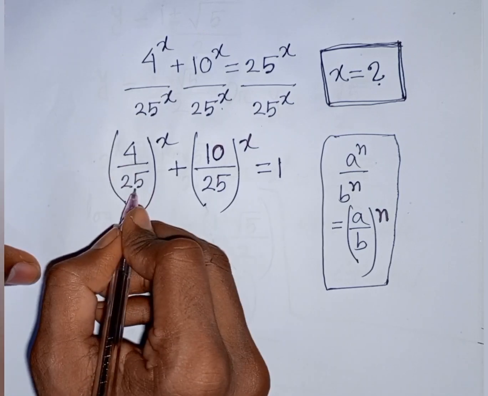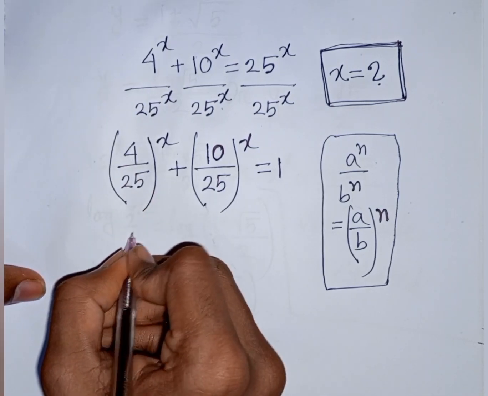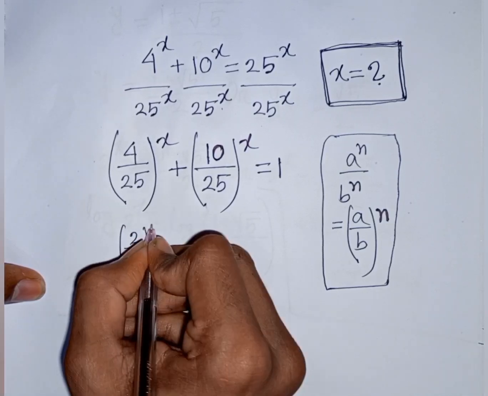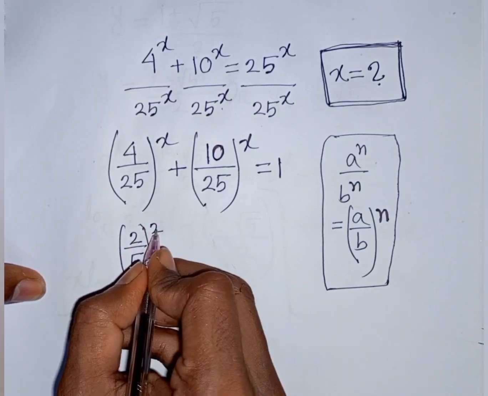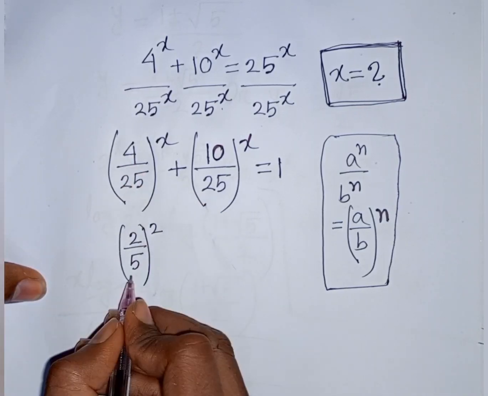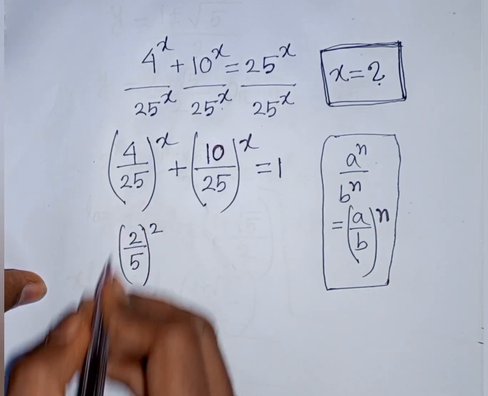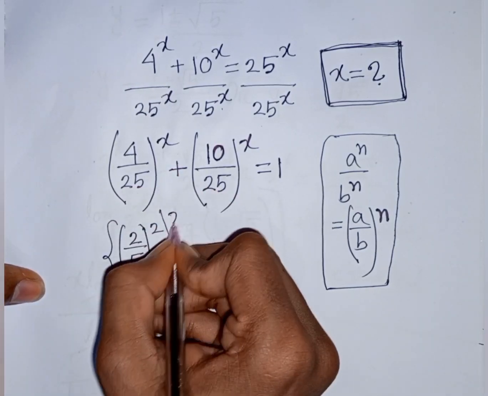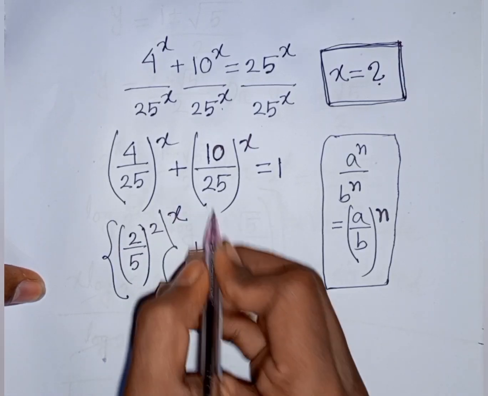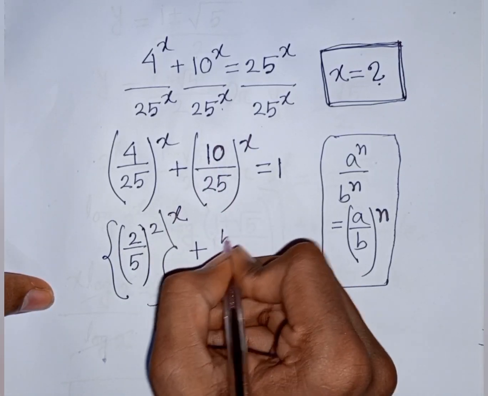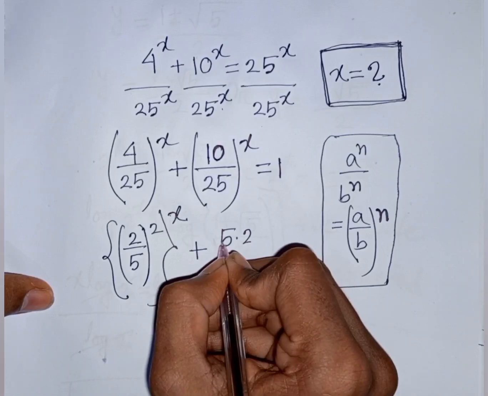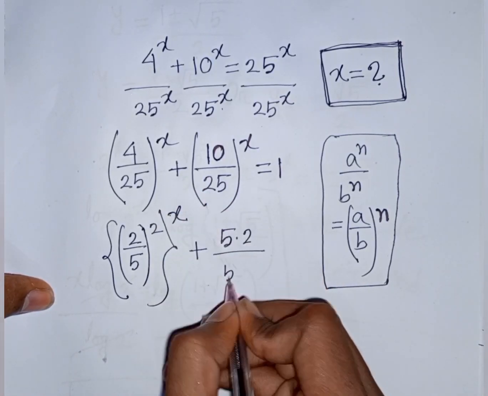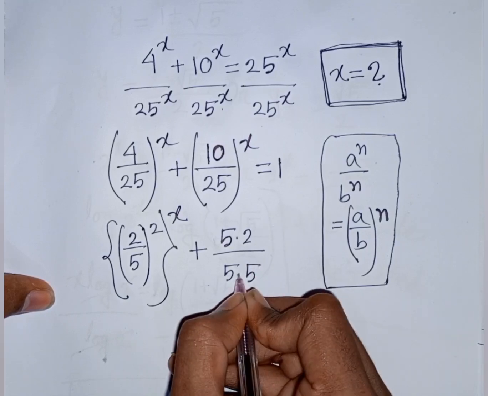Now 4 by 25 can be written as 2 over 5, then bracket power of 2. 2 square is the same as 4, 5 square is the same as 25. Then this first bracket can be written as the second bracket, then power of x, plus 10 is the same as 5 times 2 over 25 can be written as 5 times 5.